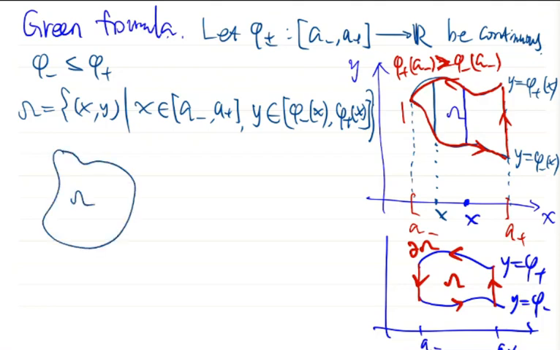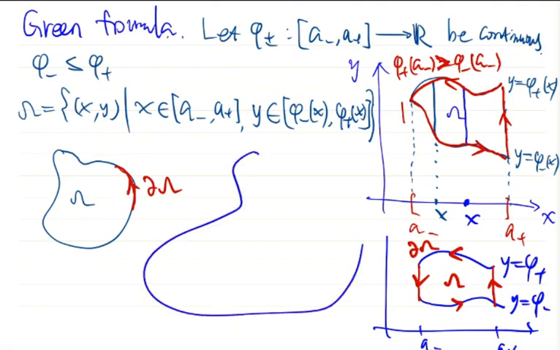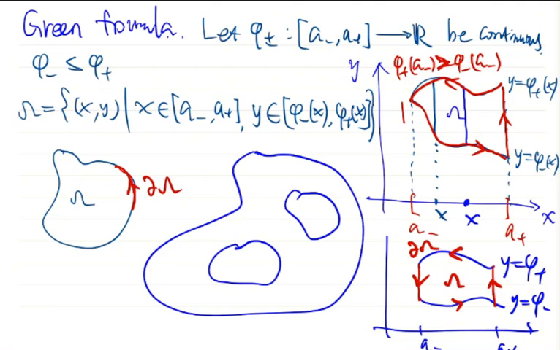For any planar domain omega, we can always define the positive orientation on the boundary. That is, you go along the boundary, the domain always lies on your left. For example, this is a somewhat complicated example. The domain is bounded by these three closed curves.